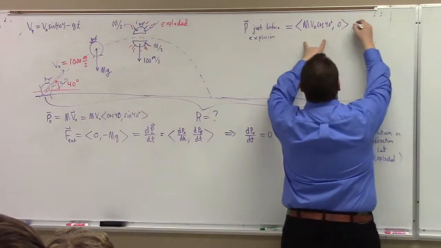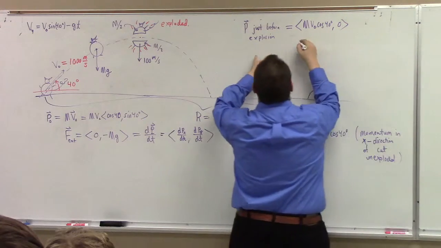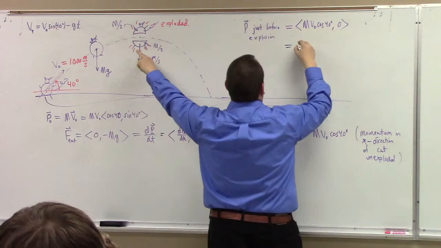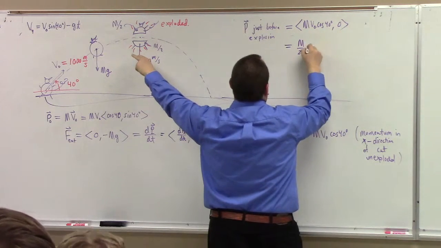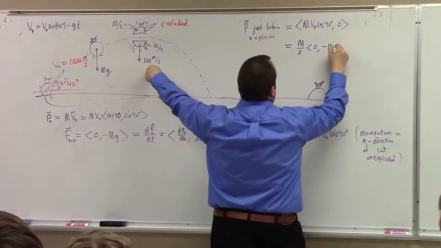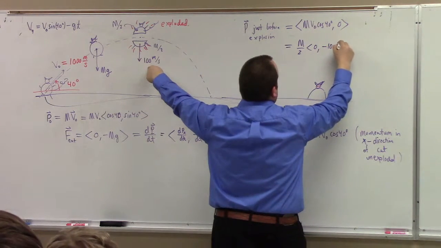So this is equal to what? On the one hand, m over 2 times (0 minus 100 meters per second).